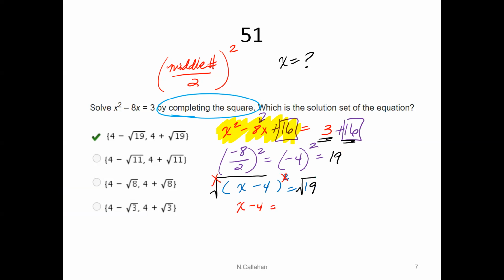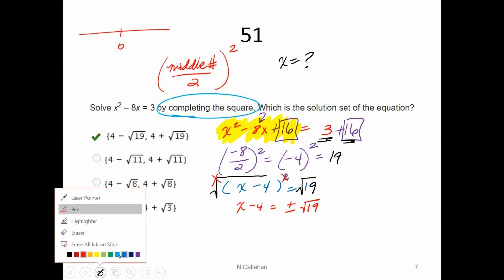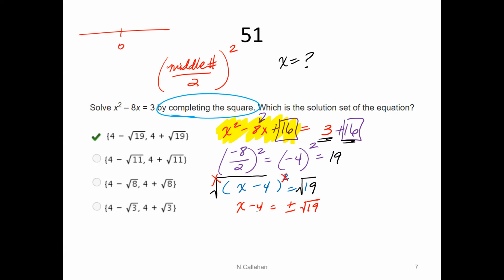And whenever you square root something, it's about distance. Okay? So if this is from 0, your distance is always going to be a positive and a negative. So getting a little bit closer, you want x by itself, but you have that negative 4 attached to it. What's opposite of a negative 4?